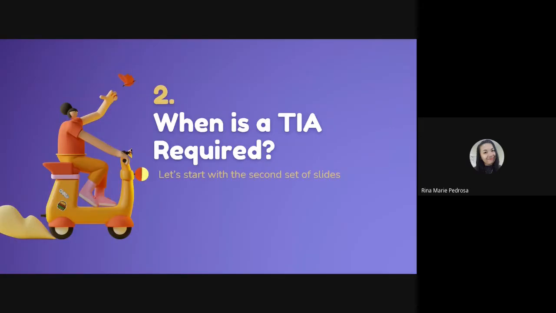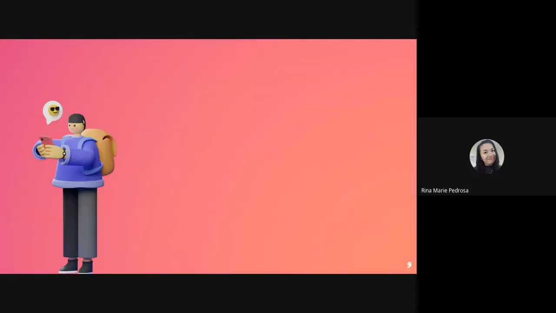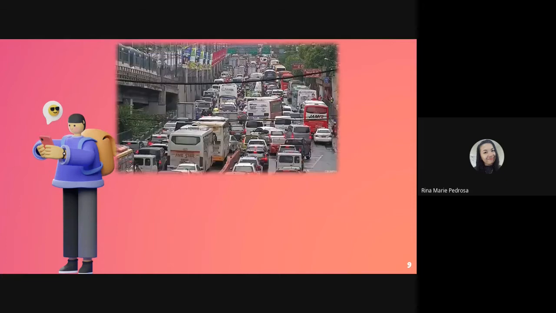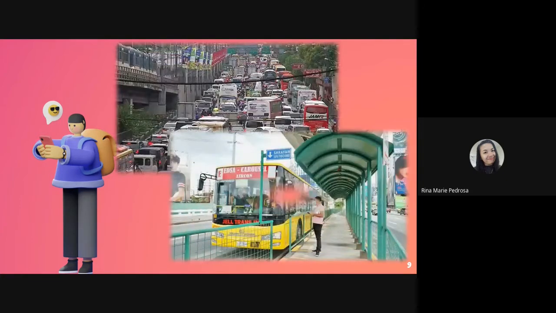So when is a TIA required? Any development needs to have adequate infrastructure to support it, whether utilities or transportation. As a result, every proposed development requires an assessment of the adequacy of the site.